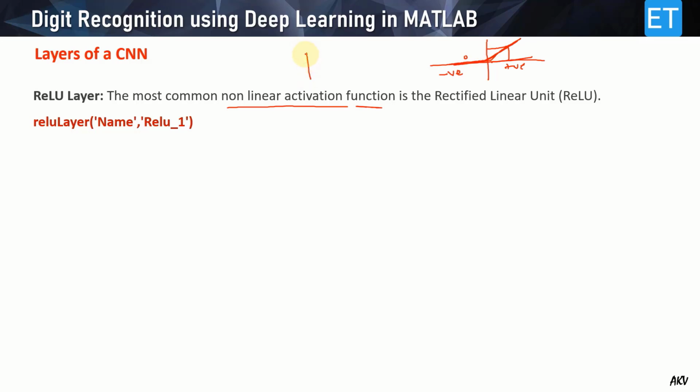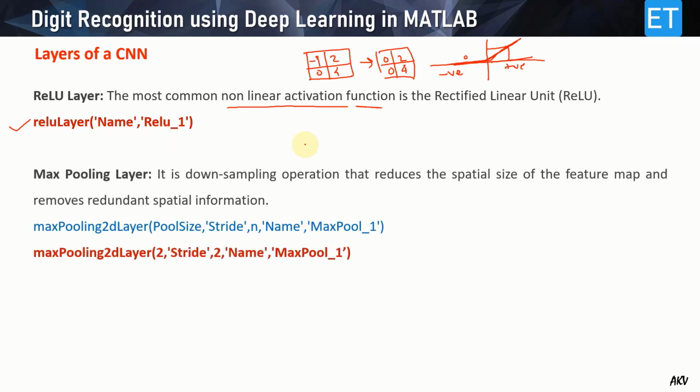So if you have the values after convolution, let's say -1, 0, 2, 4, then after ReLU, what will you get? You will get 0 because of the -1. 2 will remain 2, 0 will remain 0, and 4 will remain 4. So that is the ReLU operation. This is the MATLAB syntax. You can give the name, no other options to define.